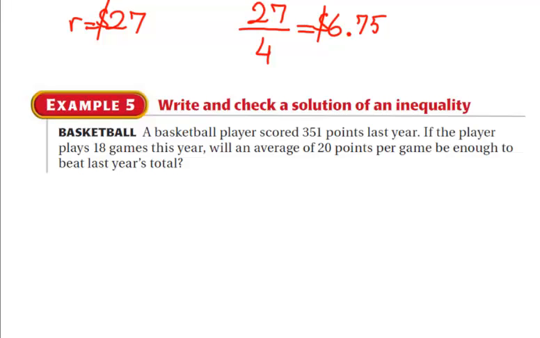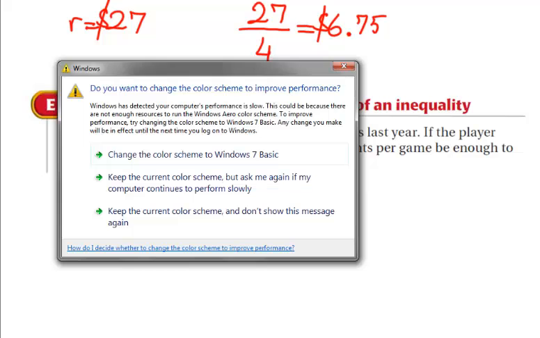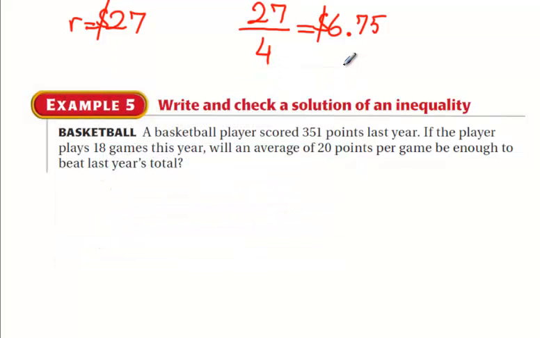Basketball. A basketball player scored 351 points last year. If the player plays 18 games this year, will an average of 20 points per game be enough to beat last year's total? So, what am I going to do? Since we know the average is 20 and he played 18 games, it should be more than 351.